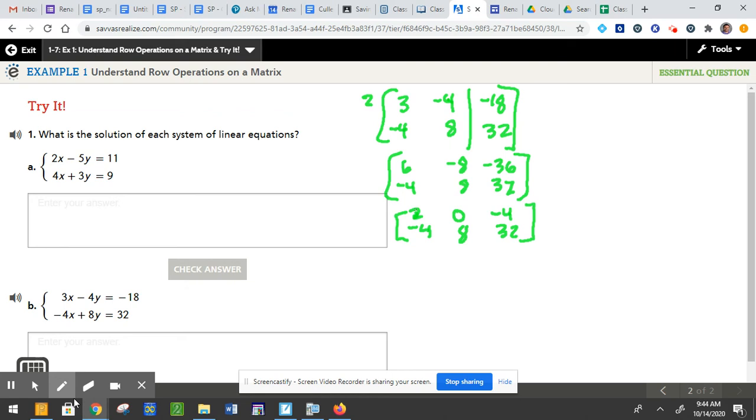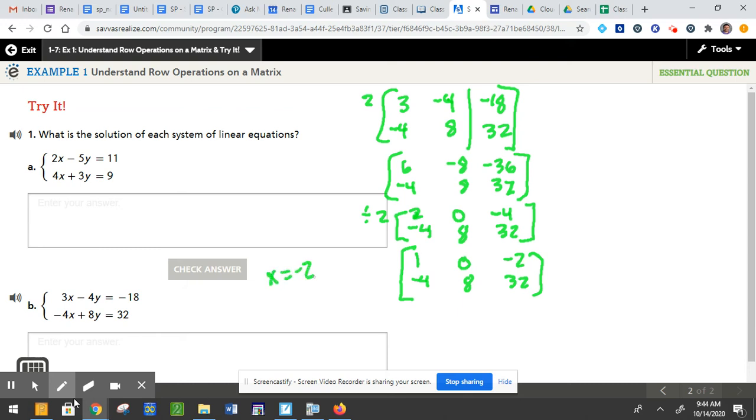The first row, I'm going to divide by 2. And that's going to give me 1, 0, -2. And that row we haven't touched yet. So that does mean that x equals -2 is one of our solutions.